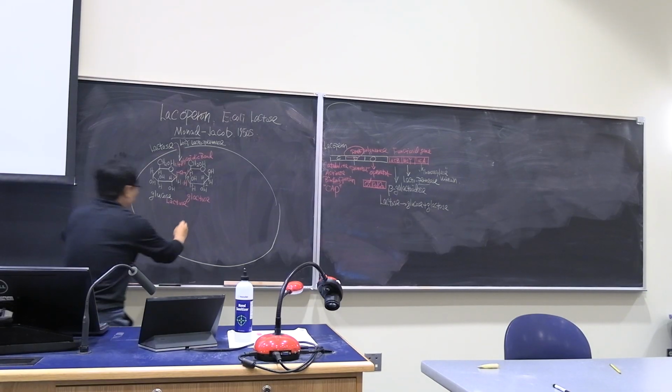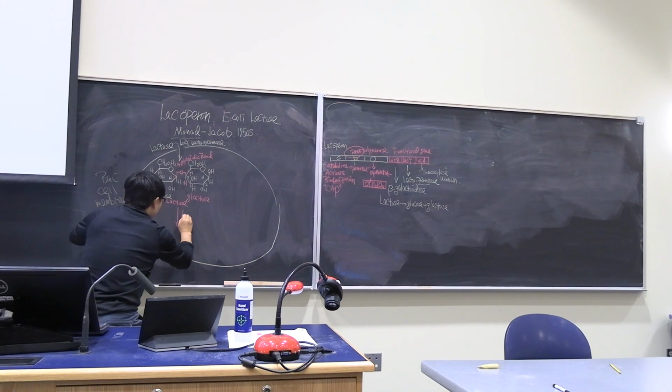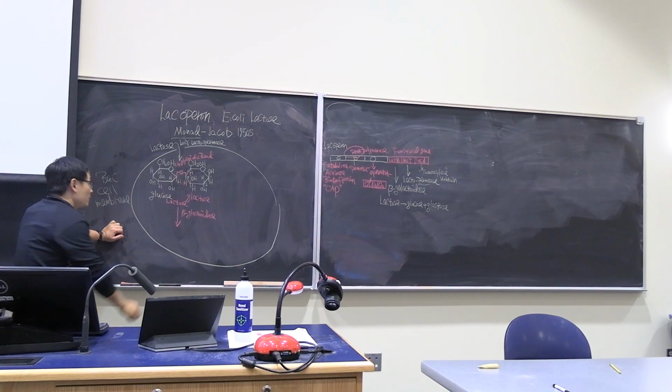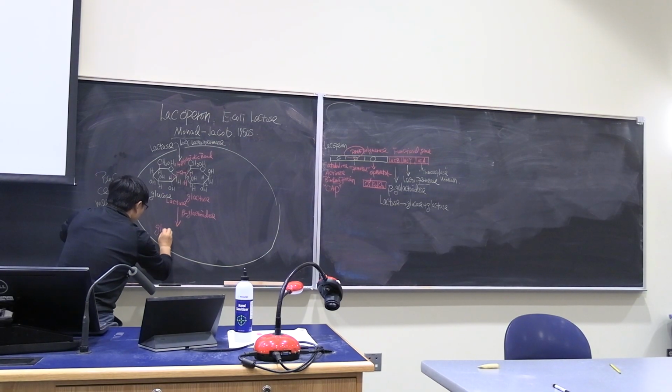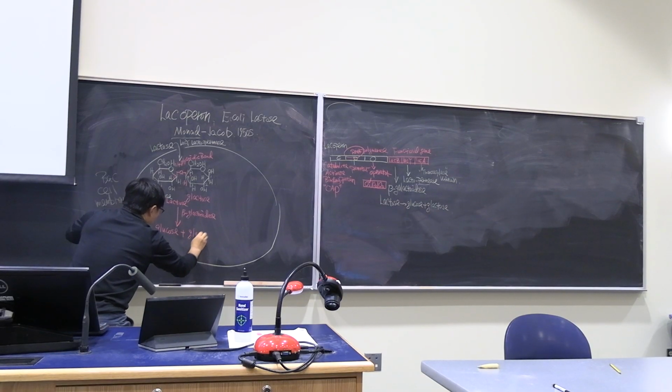Okay, if lactose meets beta-galactosidase, what are they going to do? They're going to separate it. They become glucose and galactose.